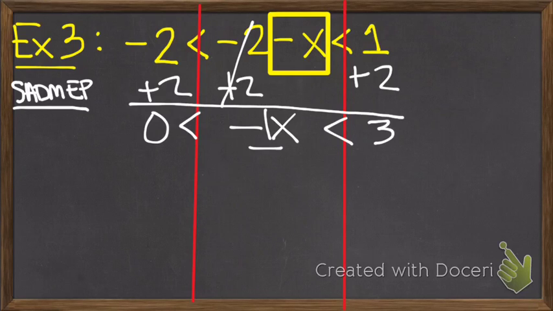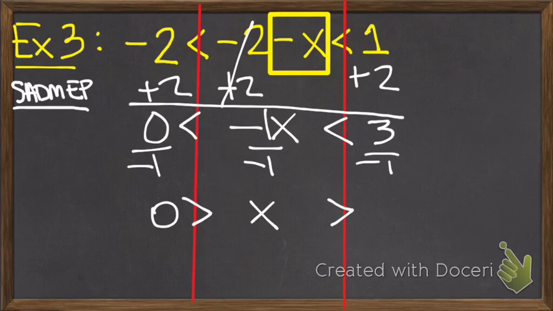We're going to divide by the ninja negative 1. Again, don't panic. That's 0. Since we divided by a negative, what happens to the inequality symbols? They switch. They both switch. Because you divided by a negative, they both reverse.